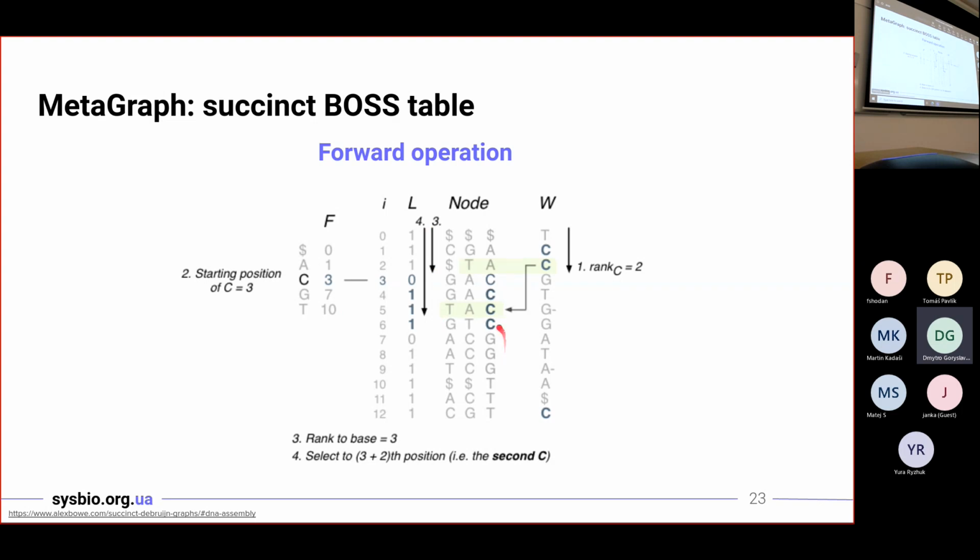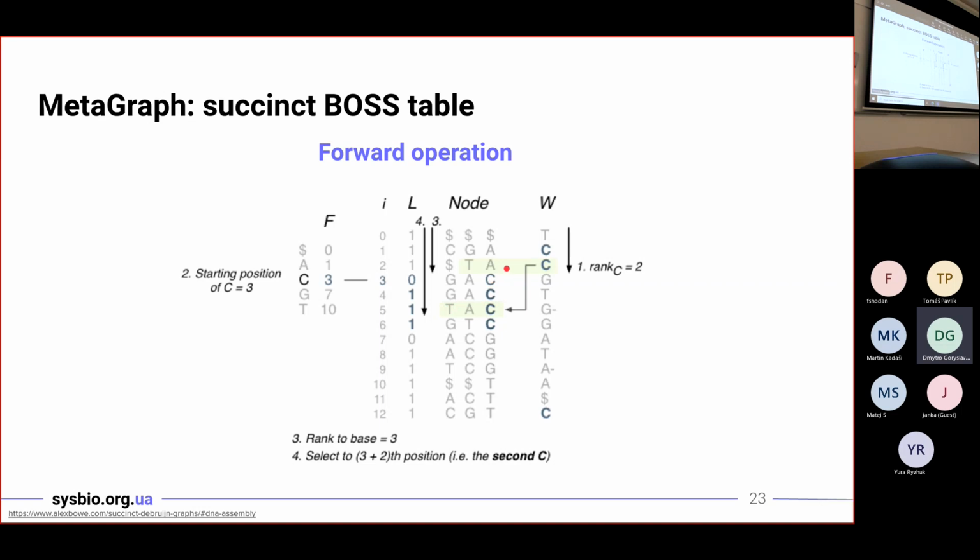So as we have the rank of our symbol and the starting position of our symbol, we find the relatively positioned node by selecting the fifth position in the L array. It's just 3 plus 2, so we land here.